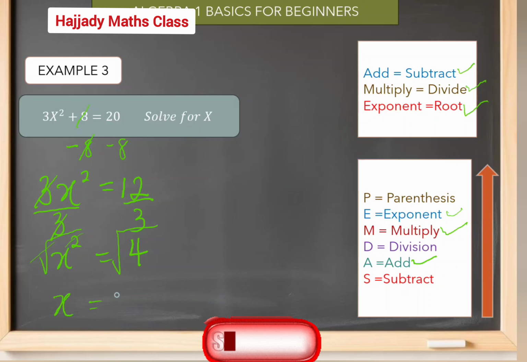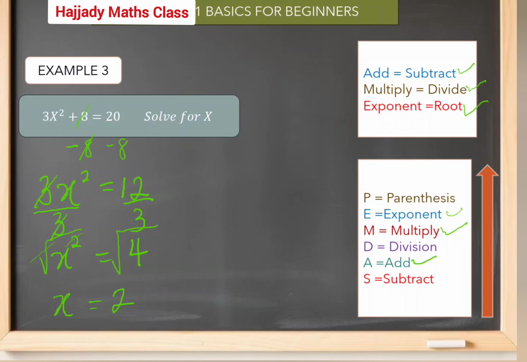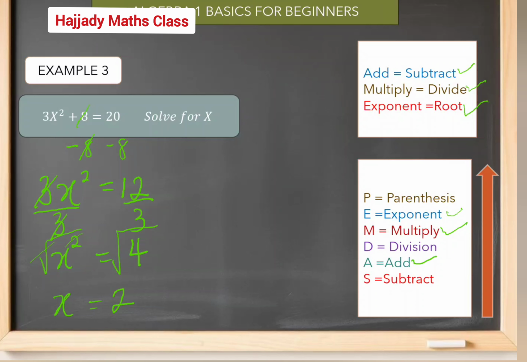The square root of 4 is 2. You can say plus or minus 2, but I'm working with a real positive value, which is 2. So this is the answer to this problem. Now, if you look at this again, we use 3 operators: subtraction, division, and the roots.